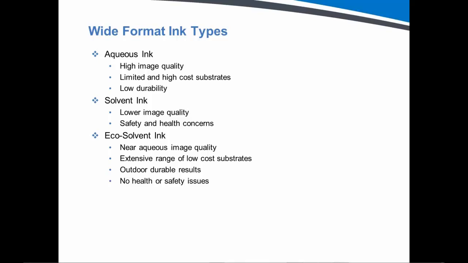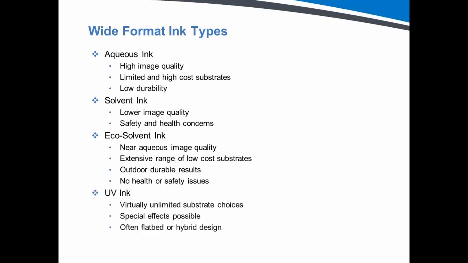And the last one we'll talk about is UV. UV ink is virtually unlimited substrate choices because the way that UV ink goes down, it does not penetrate into the paper. Now I'll back up a little bit and talk about solvent and eco-solvent ink.